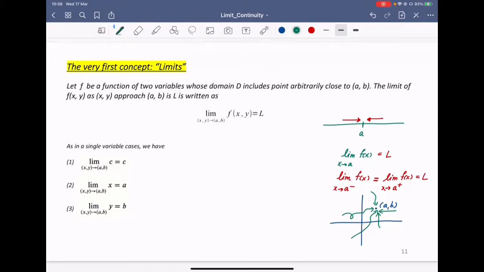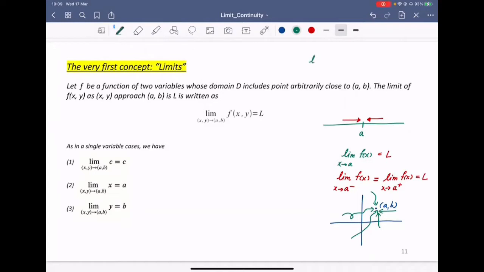So first of all, we're going to look at some theorems first. Because in Cal 1, when we compute a limit, we used to say that we can plug the number into the function because of continuity.